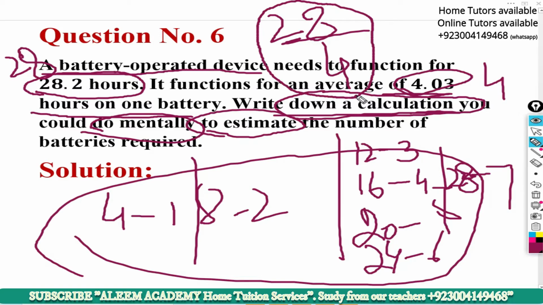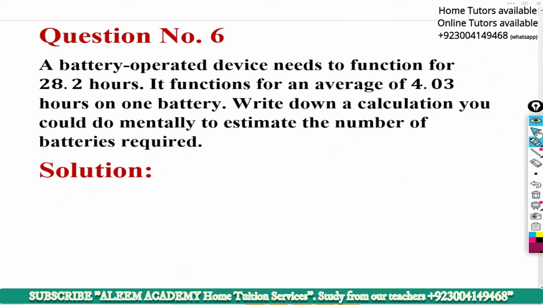You do not need to write down the final answer after cancellation. This answer is sufficient, 28 over 4. But if you further write the final answer, then you will not lose your marks. Alright, so let's write down the answer.